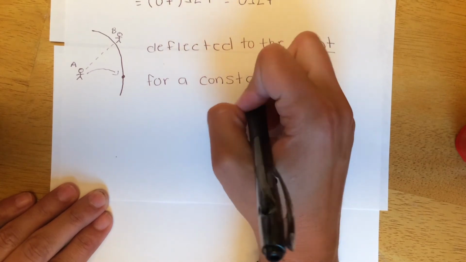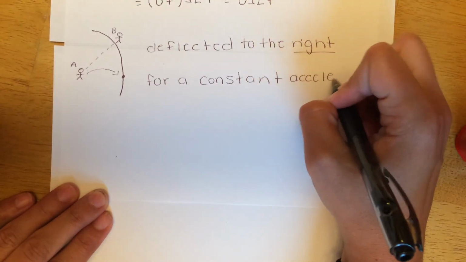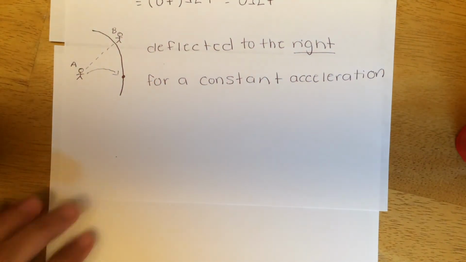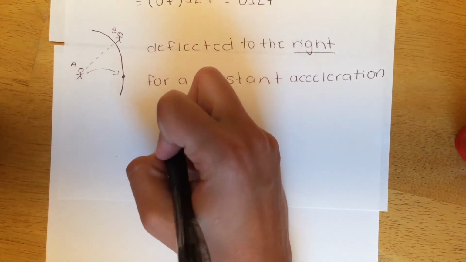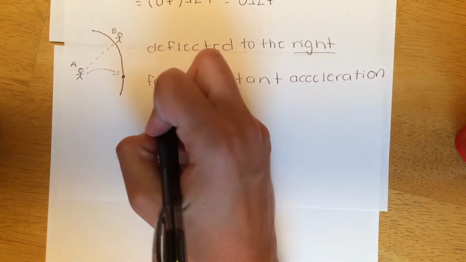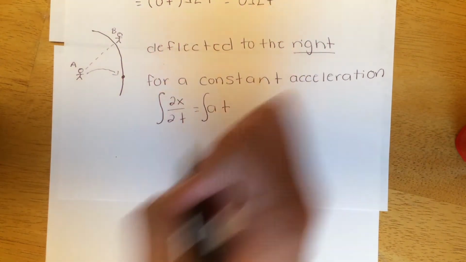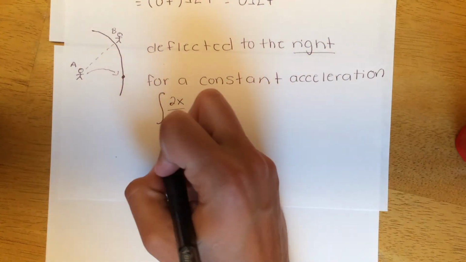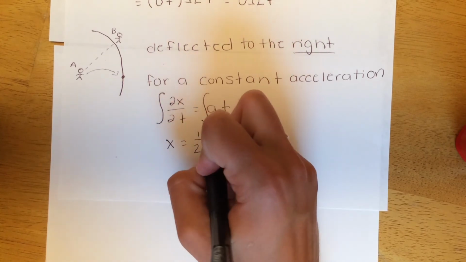For a constant acceleration, velocity is equal to the acceleration times the time t, and velocity can simply be written as the time rate of change of position. Taking the integral with respect to time, we are left with x is equal to 1/2 a t squared.